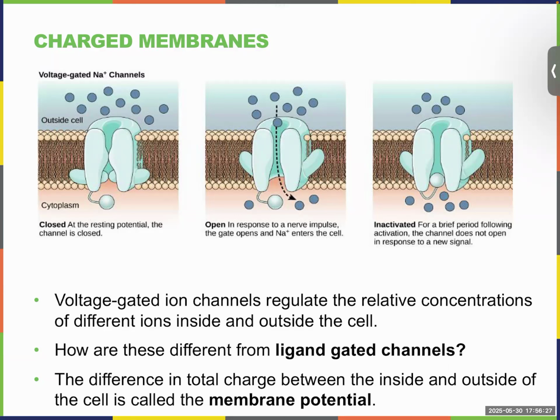So voltage-gated ion channels regulate the relative concentrations of different ions in and outside of the cell. So voltage-gated is involved with charges across the membrane. We'll see how these are different from ligand-gated channels. And the difference in the total charge across the membrane between the inside and outside of the cell is called the membrane potential.